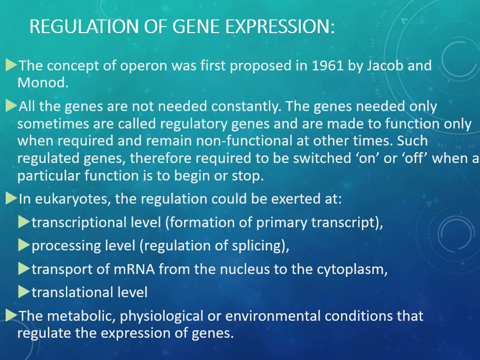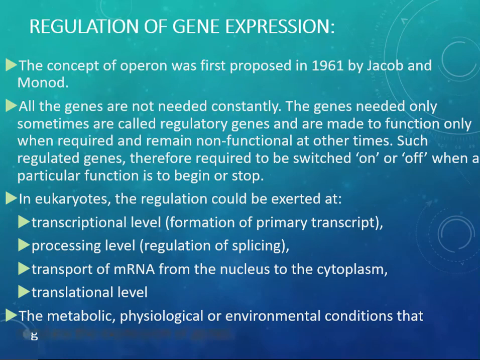All the genes controlling one metabolic pathway constitute an operon. So what is an operon? All the genes controlling one metabolic pathway constitute an operon. The concept of operon was first proposed in 1961 by Jacob and Monod.